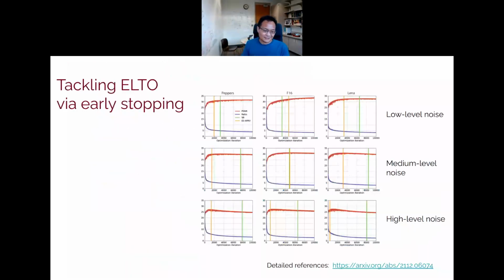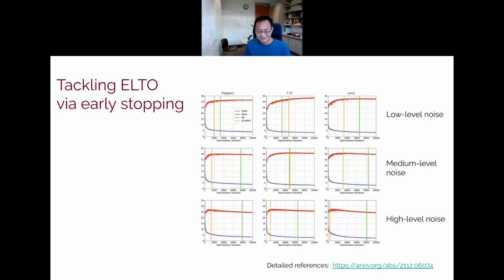Another family of ideas is saying, okay, so we are going to have that kind of bell-shaped curve, right? Then why not just stop at the top point? Well, of course, this is very natural to think about. But the thing is that the curves we plot are reference-based image quality metrics.